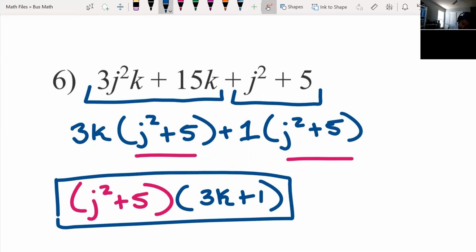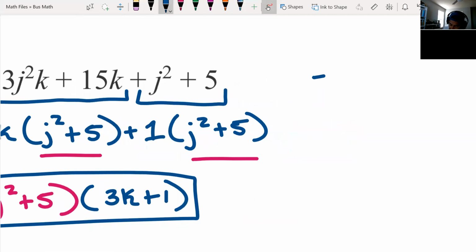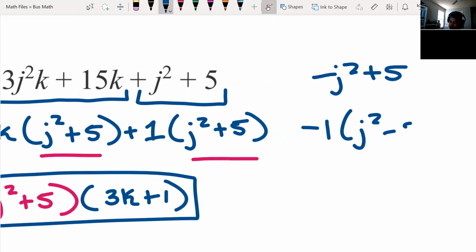Professor, if j squared was negative and 5 was still positive, does it matter which way you write it? Yeah, that would be a big difference. Let's say it was negative j squared plus 5. Then if you took out a -1, you'd get j squared minus 5.